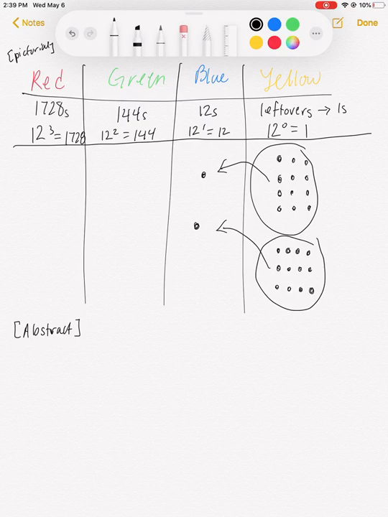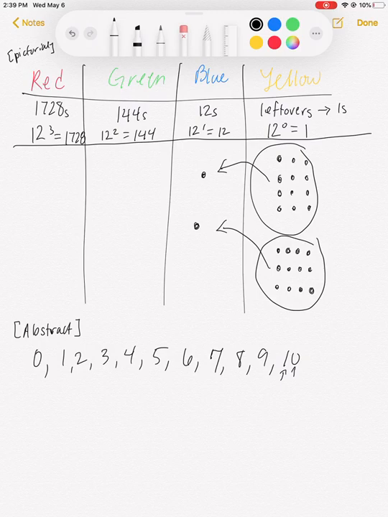So in the abstract way to count in base 12, we start with 0, of course. 0, 1, 2, 3 base 12, 4 base 12, 5 base 12, 6 base 12, 7 base 12, 8 base 12, 9 base 12, 10 base 12. Now this right here is 10, which means one group of 12 and no leftovers. Okay, but we don't have 12 objects listed yet.